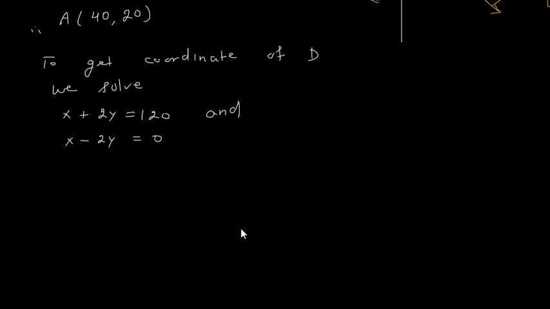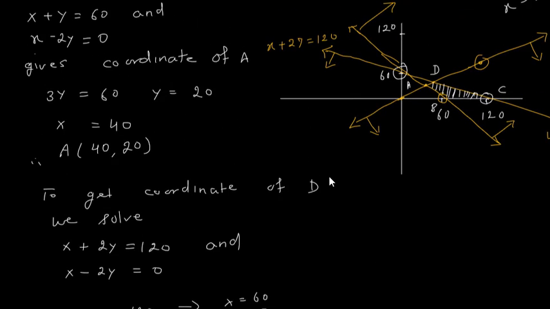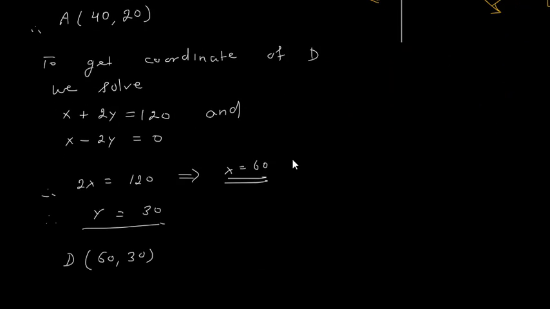So therefore here we will add and we will get 2x is equals to 120. This implies x is equals to 60. So value of x is 60. We put value of x is 60, we get value of y as 30. So point D is 60, 30. So we got the coordinate of A and D. A is 40, 20 and D is 60, 30.